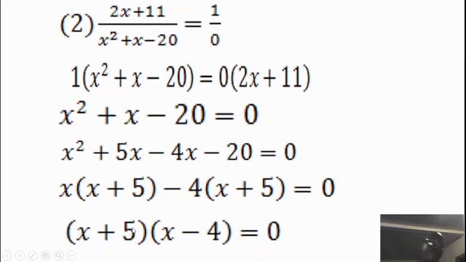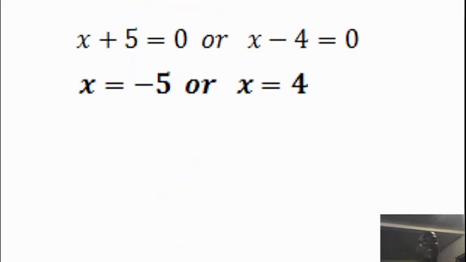Remember that when the product of two quantities is equal to 0, either of the two quantities can be 0. At least one of them must be 0. It means that x plus 5 is 0 or x minus 4 is 0. By solving, we get x to be equal to minus 5 or x to be equal to 4.